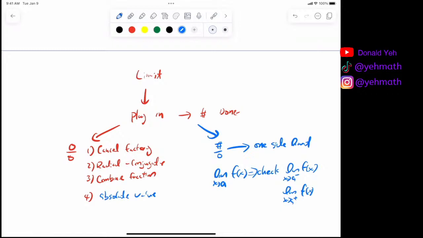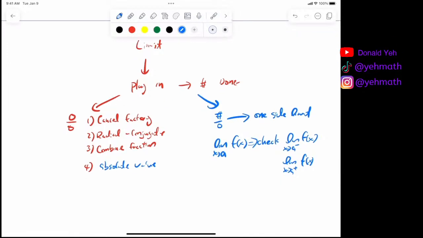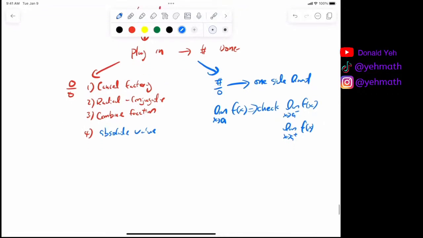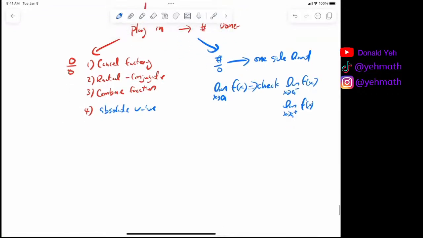I think yesterday somebody asked a very interesting question because I posted homework questions on the trig limit. There was one question that looks like this. We're going to talk about that question, where f of x is equal to x squared minus 4 over x minus 2.